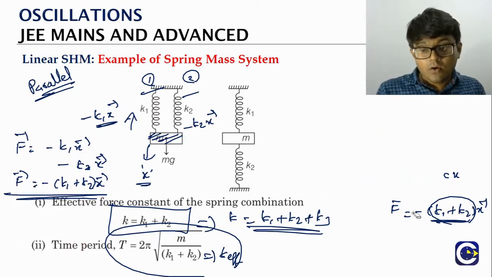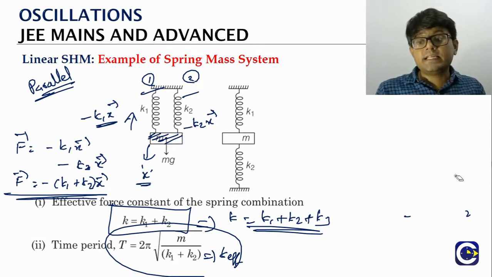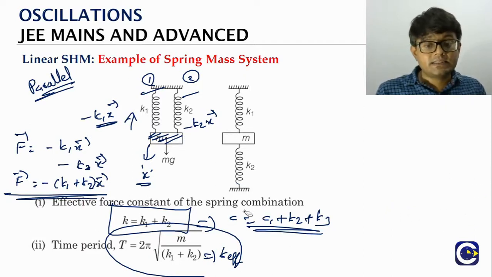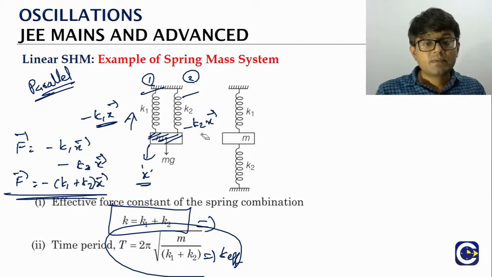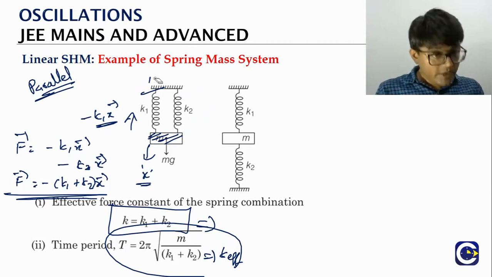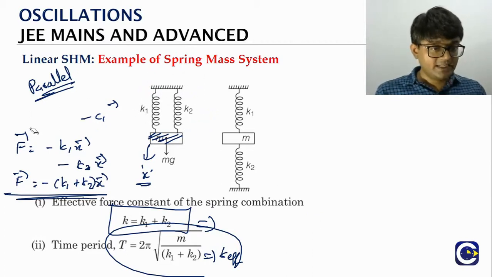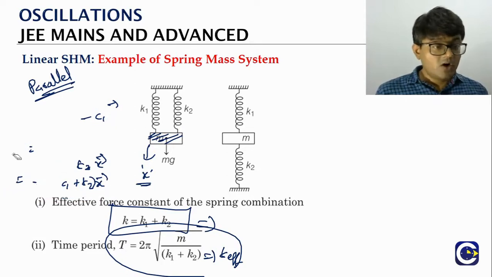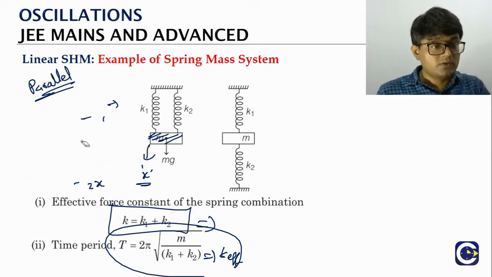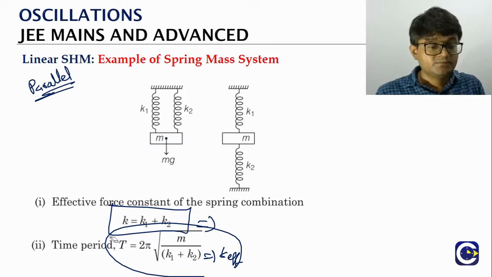Now you see the arrangement that is given in the adjacent diagram. Here also we are going to get the same final result. This will not be called a parallel. Parallel means we arrange like this, so both the springs will be connected to the body in this manner.